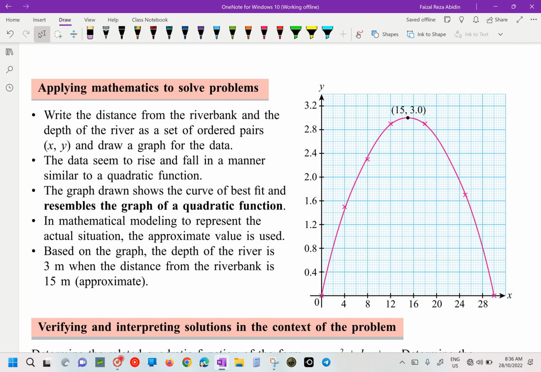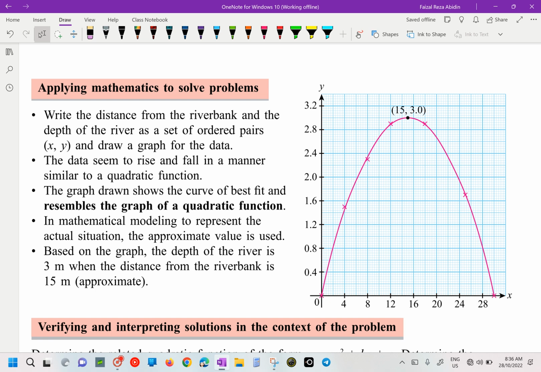Oh, it uses quadratic. Okay, applying mathematics to solve problems. So from the table just now, we are going to have our quadratic function.